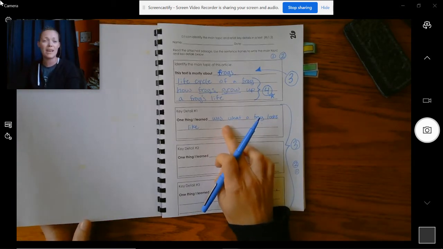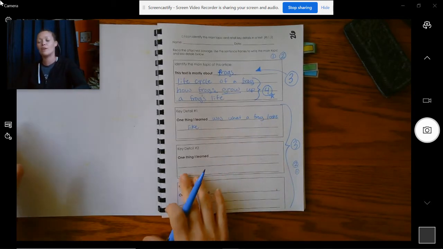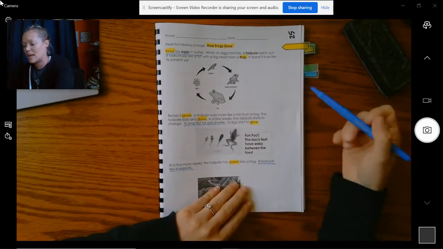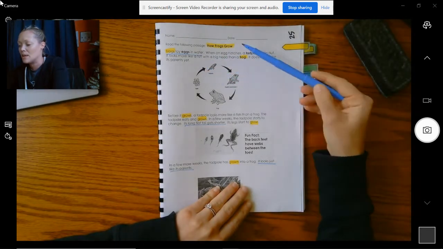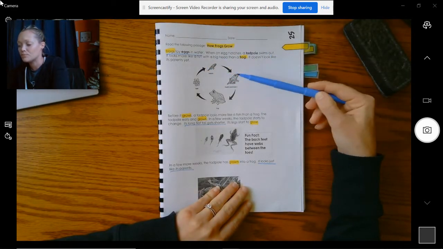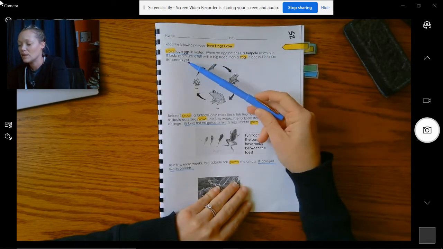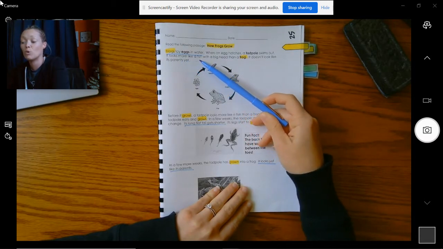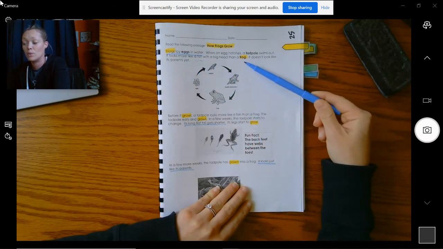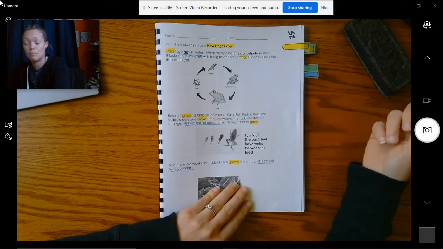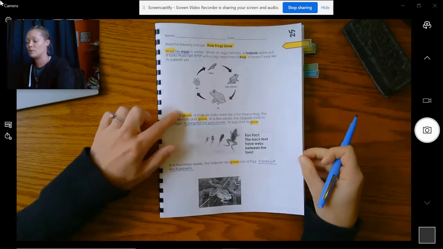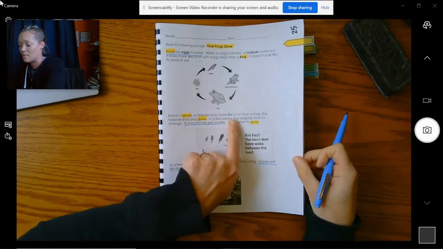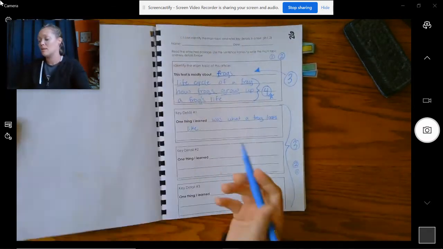So instead of just saying what a frog looks like, maybe you said it looks more like a fish when it's a baby, when it's a tadpole. That would be a detail.